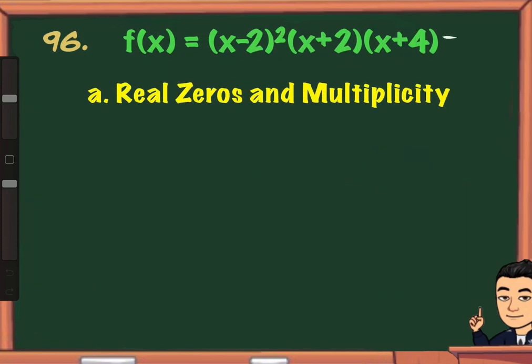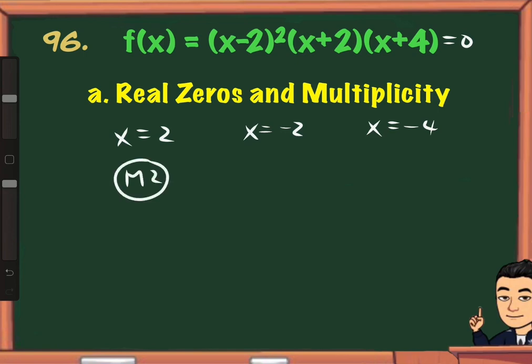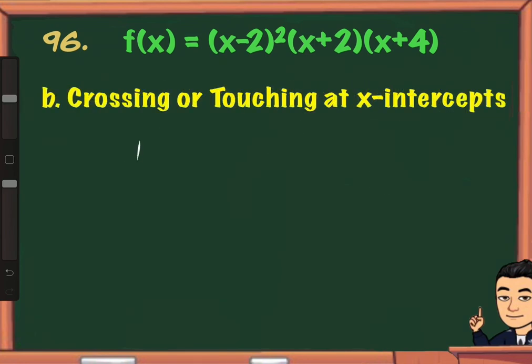So real zeros. You set it equal to 0. So you've got x equals 2, x equals negative 2, x equals negative 4. This one is multiplicity of 2, this one is multiplicity of 1, and this one is also multiplicity of 1. Crossing or touching again: if it's multiplicity 2, it's going to be touching, and the two multiplicity 1s are going to be crossing.